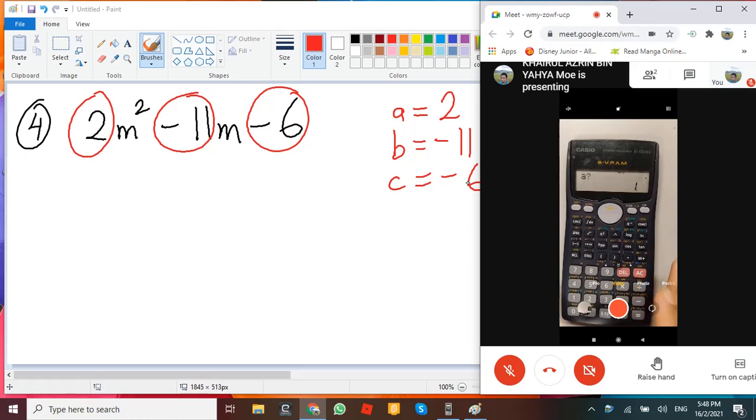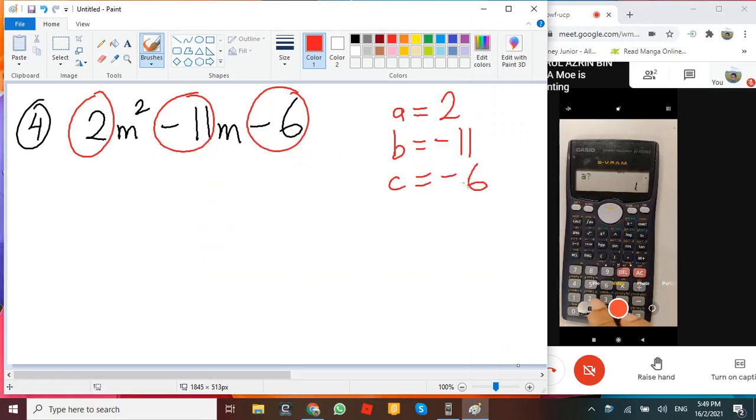Okay. Value of a equal to 2, b negative 11, and c negative 6. Okay, so now we get x1 equal to 6 and x2 equal to, we go down here, we get negative 0.5.